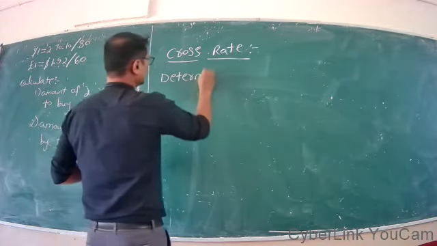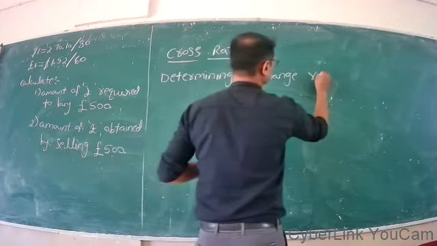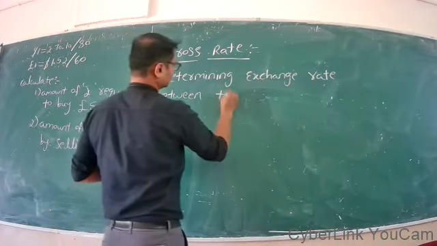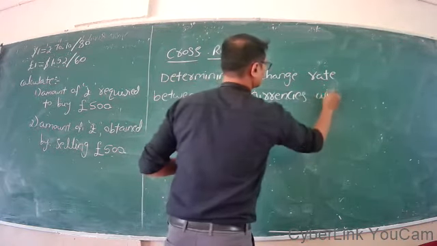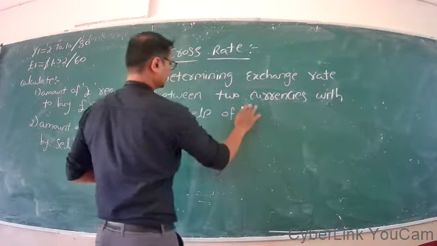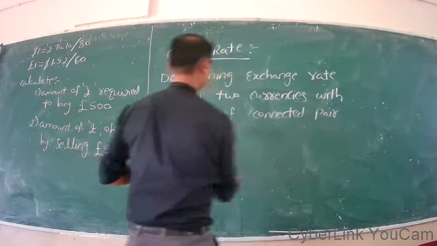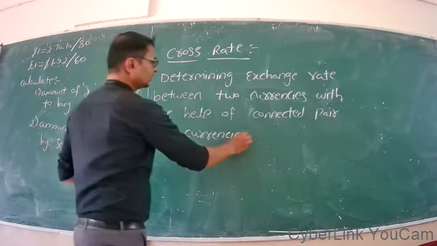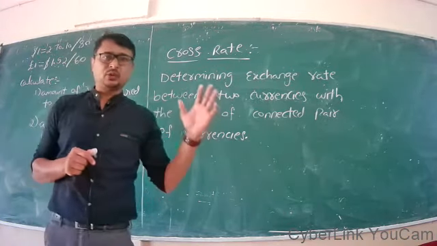The definition of cross rate is determining or establishing the exchange rate between two currencies.